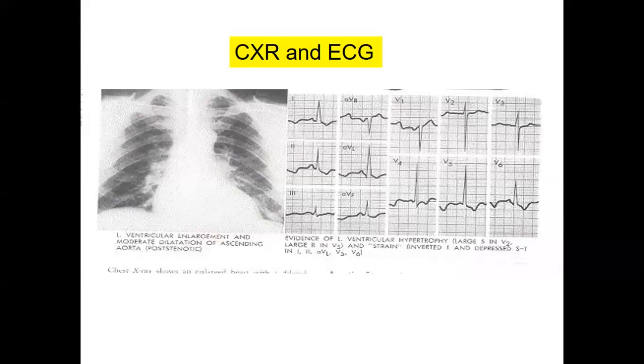If you look at the chest X-ray of a patient with aortic stenosis, normally you cannot see left ventricular hypertrophy, but sometimes the heart is enlarged. You can have an enlarged left atrial shadow, or an enlarged heart with increased cardiothoracic ratio on the chest X-ray film. And definitely, if you perform the ECG, you will get the signs of left ventricular hypertrophy.